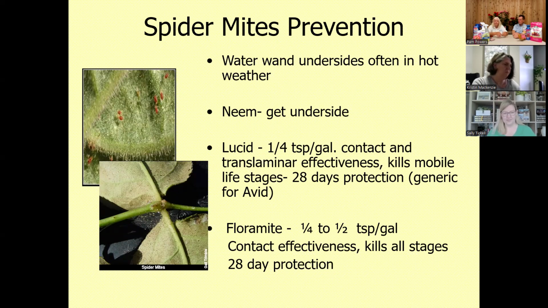One is Lucent, and it has a translaminar effect, and people like that because what it means is that you don't have to be particular about getting the underside, because it's actually going to penetrate the dermis and get to the mites. And then a Floramite, and that kills all stages.